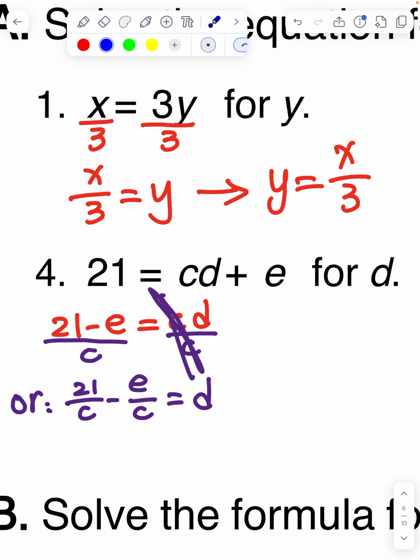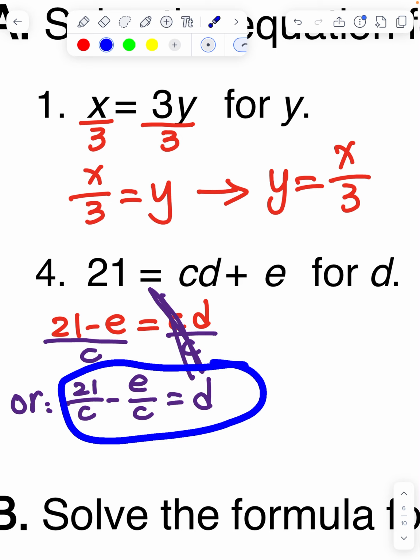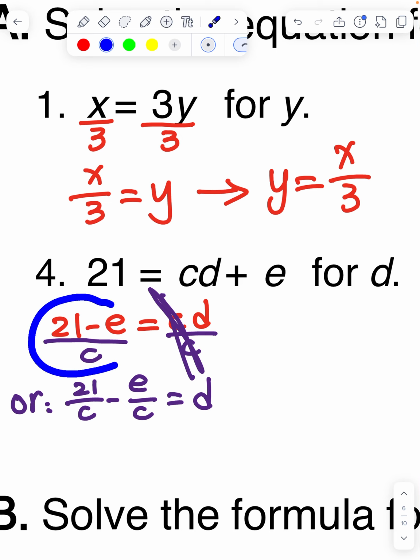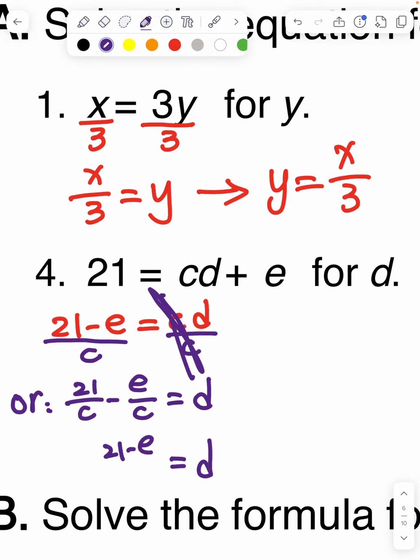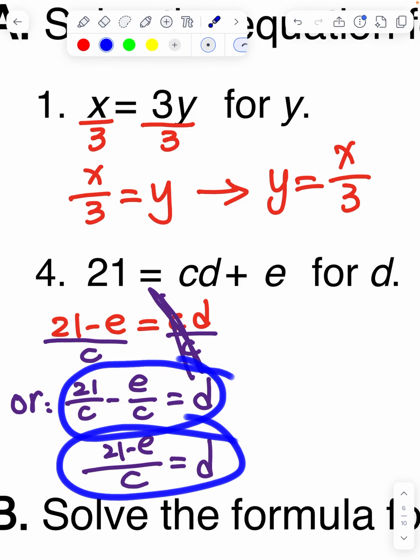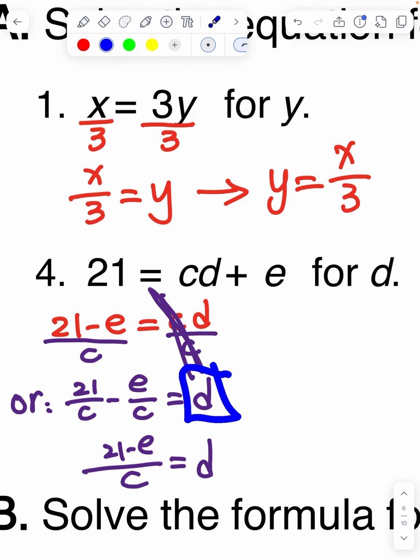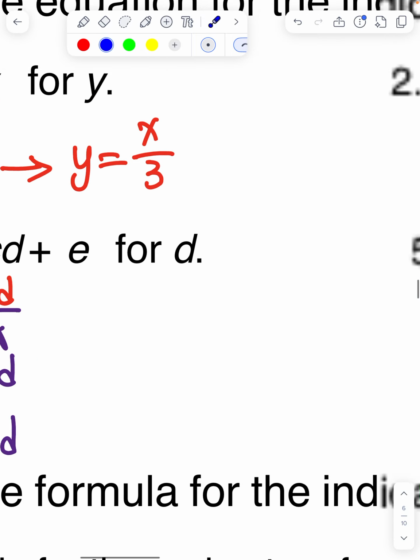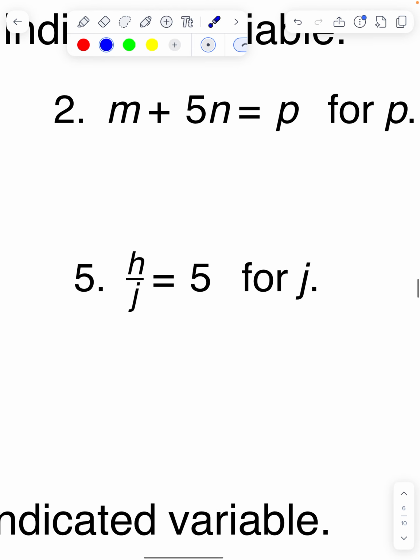So the final equation is this, or you can write it like this, that's okay too. D equal to 21 minus E all over C. So either way, as long as we have D all alone by itself.